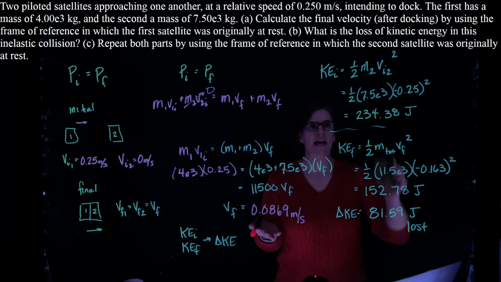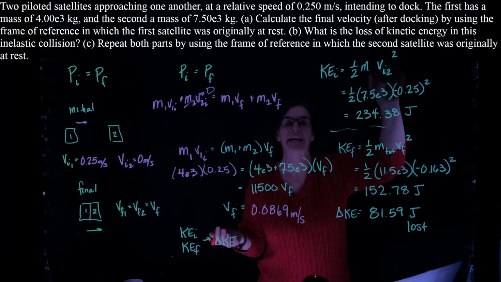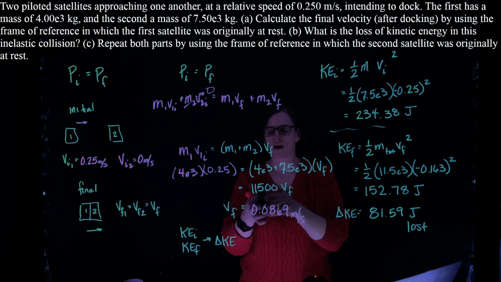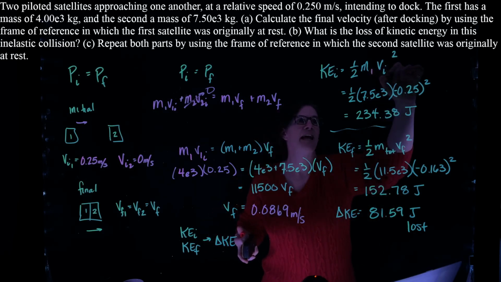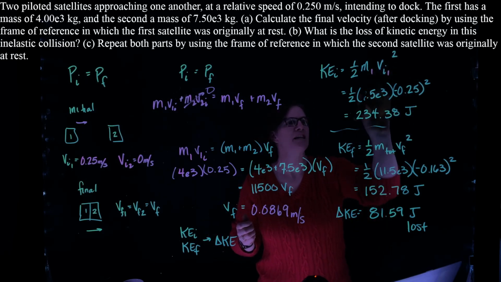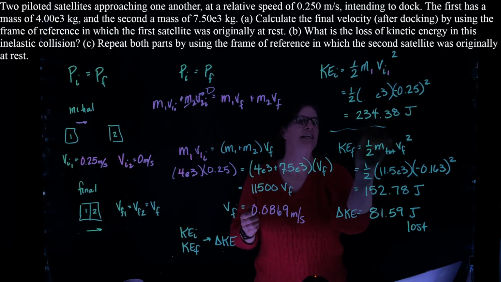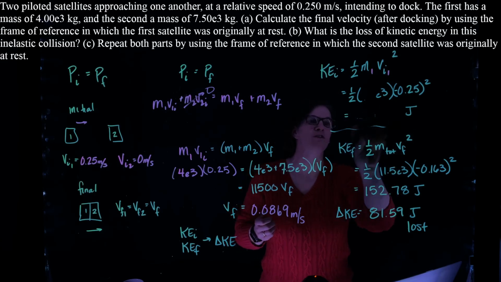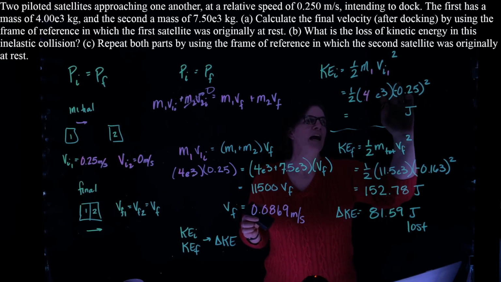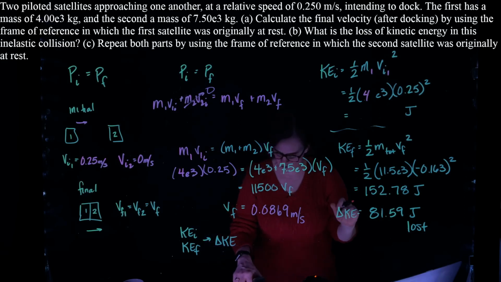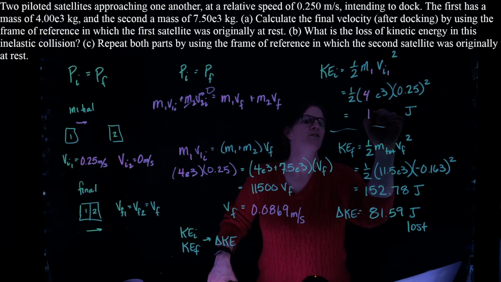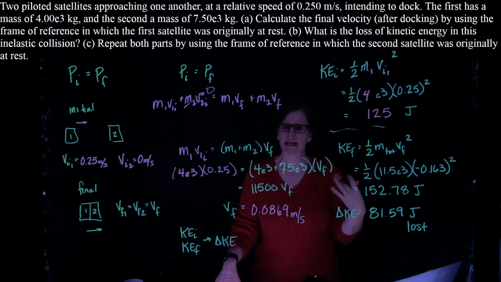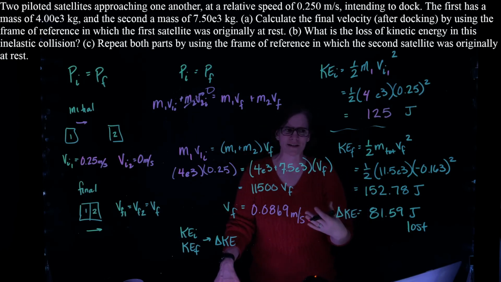So what does that change about my kinetic energy change? Well, in this case, only object 1 has any kind of energy. And so instead of the initial kinetic energy of the system being 234 joules, we now have an initial kinetic energy of the system being 125 joules, because mass 1 is a smaller mass, so it's going to have less kinetic energy.